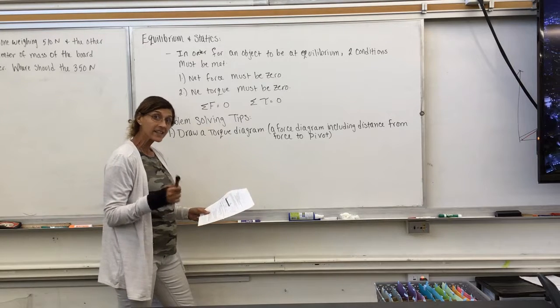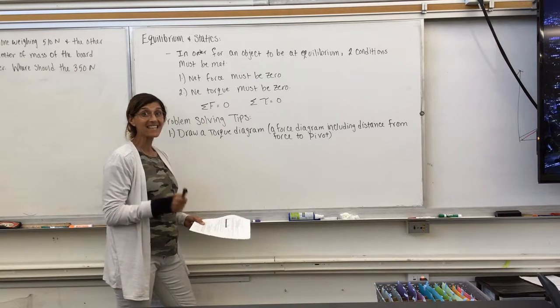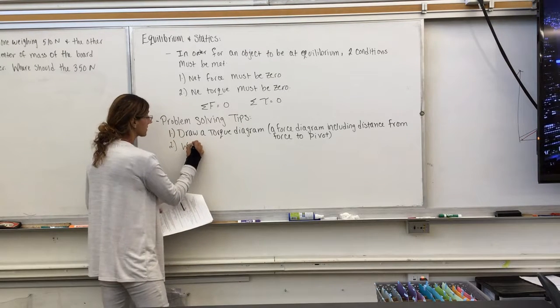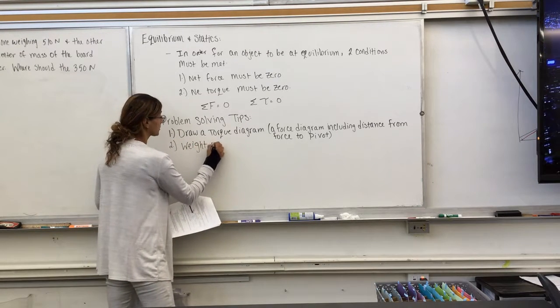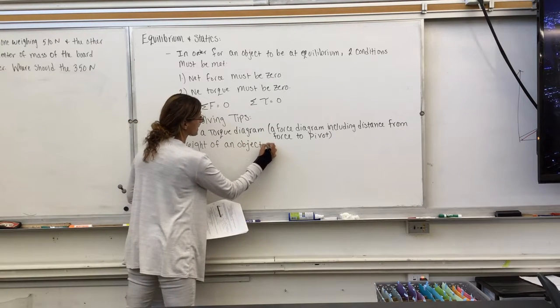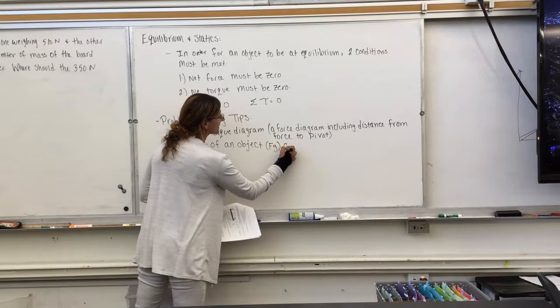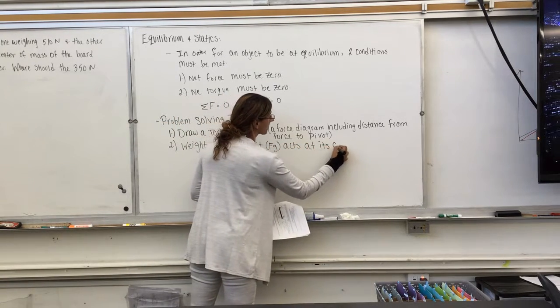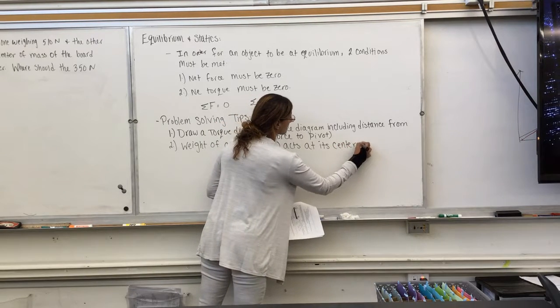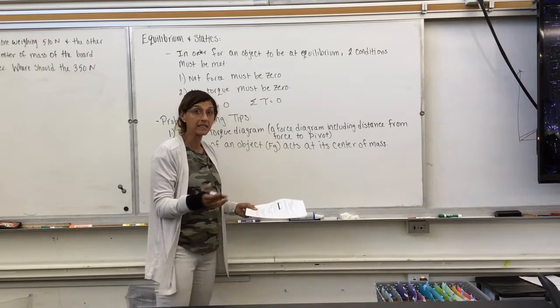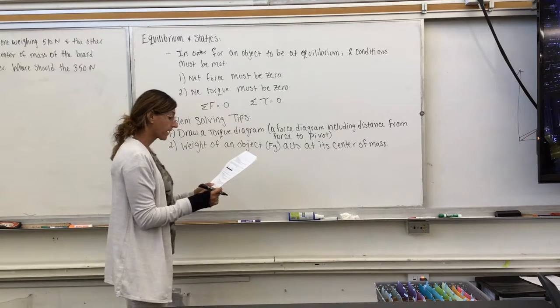Remember that the weight of an object acts at its center of mass, okay? The weight of the object, in other words, it's Fg, acts at its center of mass. So if you have a uniform object, the center of mass would be the center of the object.